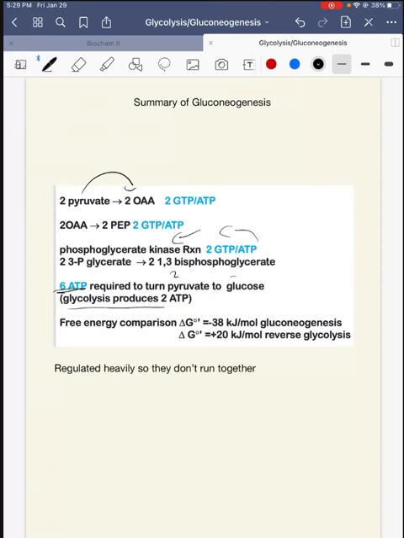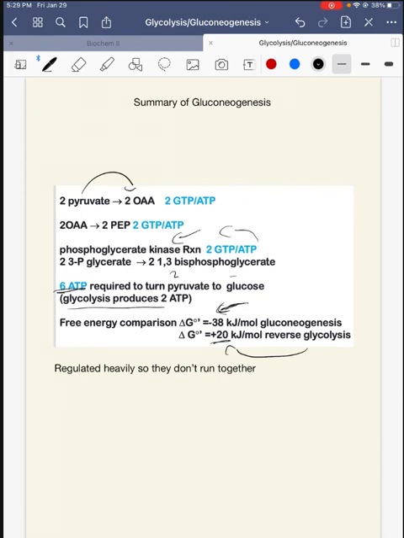So you can see that it's negative 38 kilojoules for gluconeogenesis. So gluconeogenesis is everything we went through. But if we were to run glycolysis completely in reverse and not use those bypass reactions we talked about, it would actually be a non-spontaneous reaction.